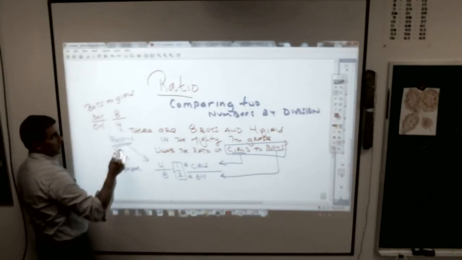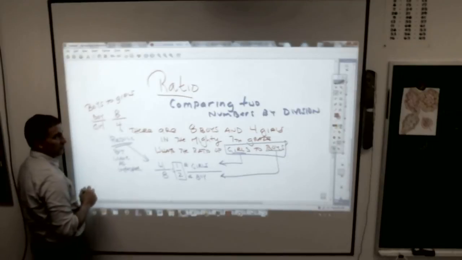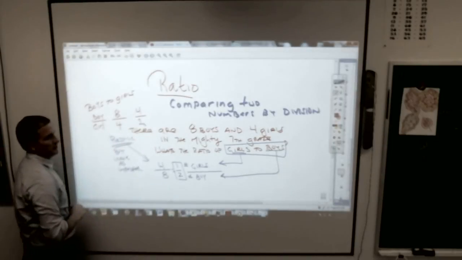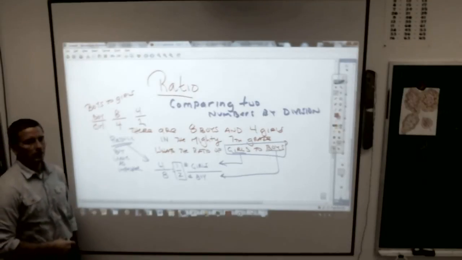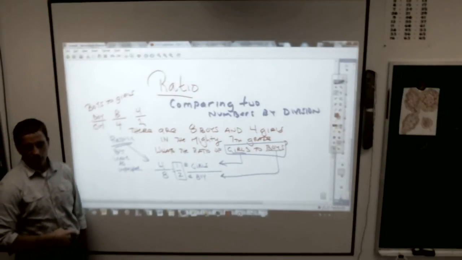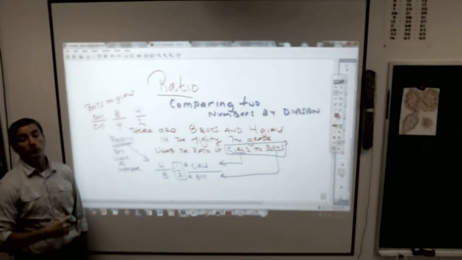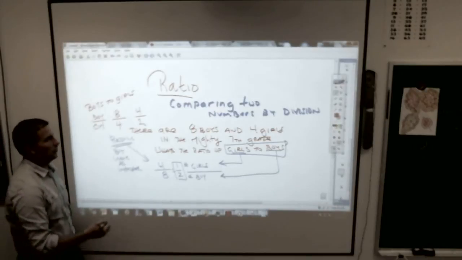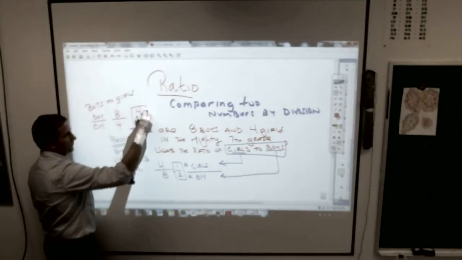Again, you'd reduce it, but you have to leave it in fraction form. You end up with 4 to 1. You don't put just the number 4, because that doesn't make sense when you talk ratios. If you told somebody the ratio of boys to girls is 4, they would have no idea what that means. 4 to 1 makes sense. 4 is not a ratio. 4 to 1 is the ratio.